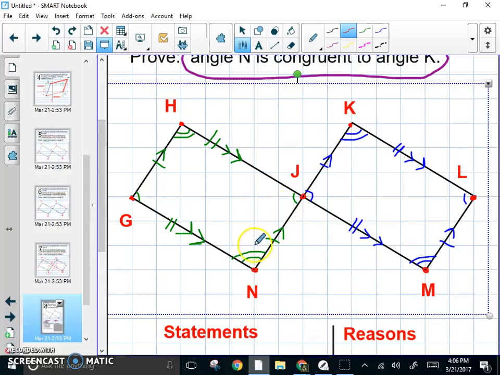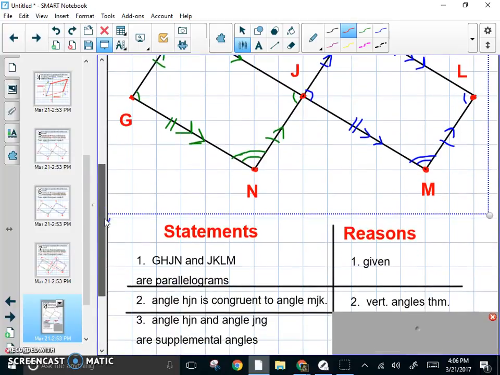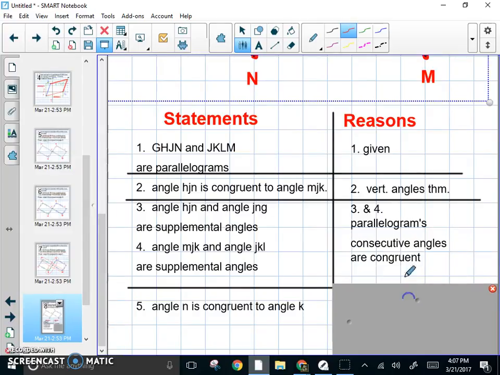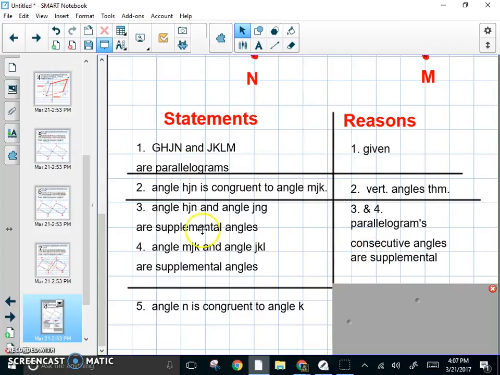Consecutive angles are supplementary, which will be key in solving this. We have to state that they are supplemental angles. The reasoning: consecutive angles are supplemental, is what they should say. Okay, that's what that should say there.